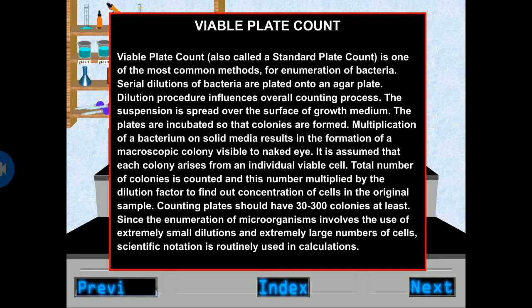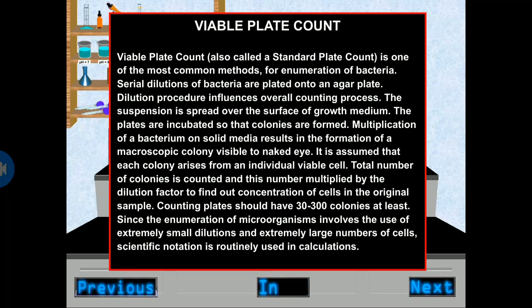Viable plate count is a count of viable or live cells. It's based on the principle that a viable cell replicates and gives rise to a visible colony.